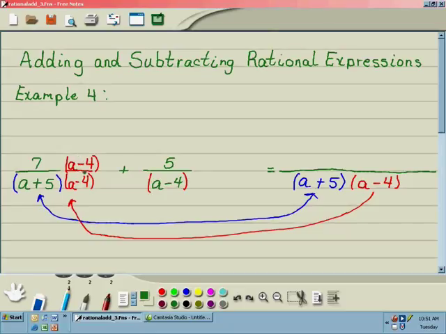The other thing I want you to notice is how much room I left with each of these fractions. These problems will take up a lot of room, so leave yourself that room to work. Now, the next thing we want to do, and I'm just going to bring this over here to work, notice that leaves us the 7 times the a minus 4.